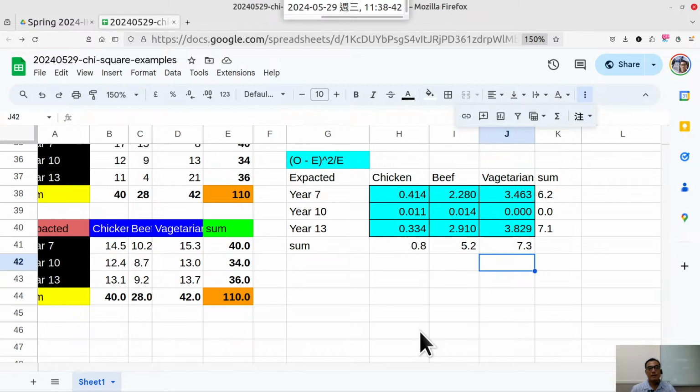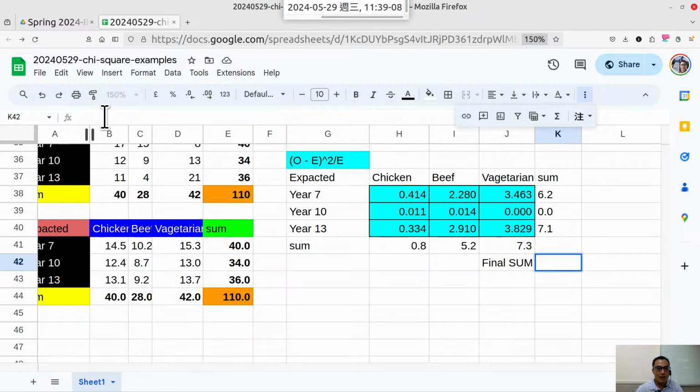Okay, then I have the final sum here. Either one is okay because 6.2 plus 0 plus 7.1 should be equal to 0.8 plus 5.2 plus 7.3. I can choose one.